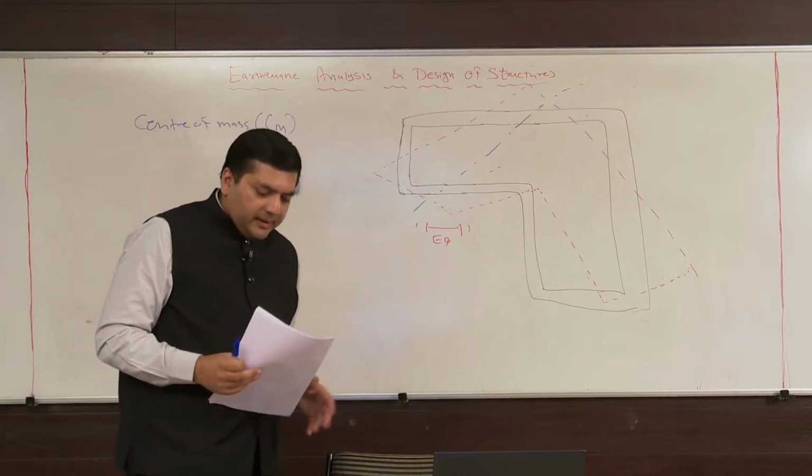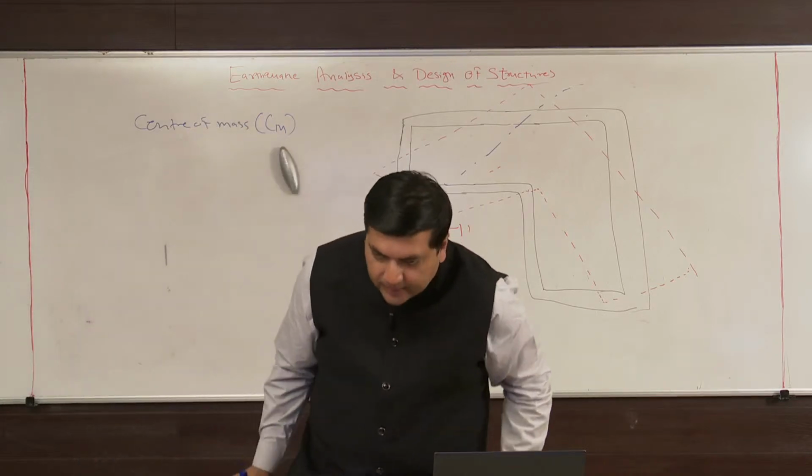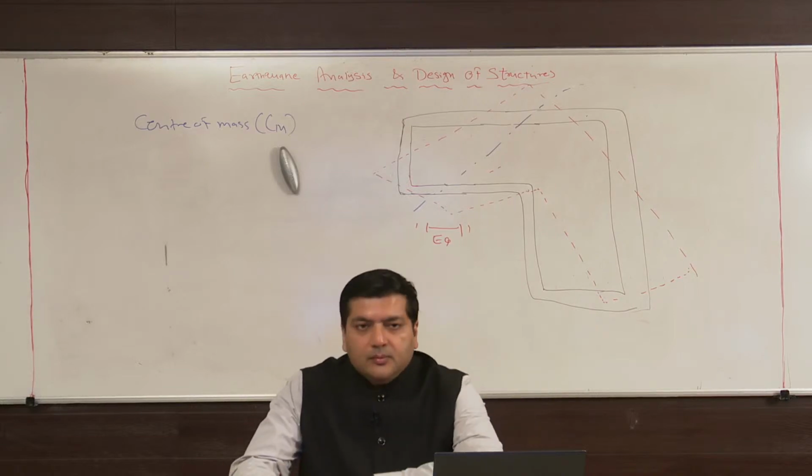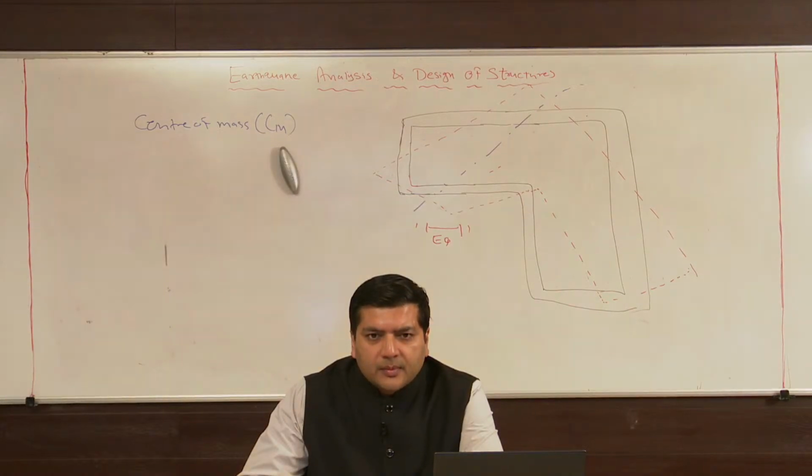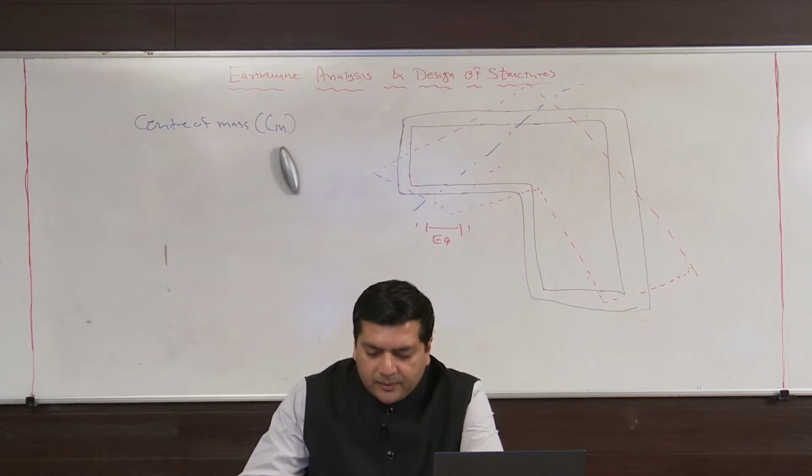We will draw the figure later. Write down: the point through which the resultant of the masses of a system X is known as center of mass.